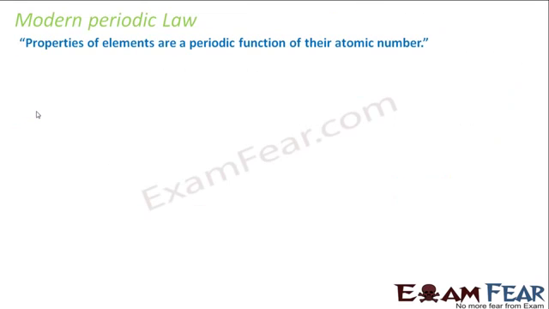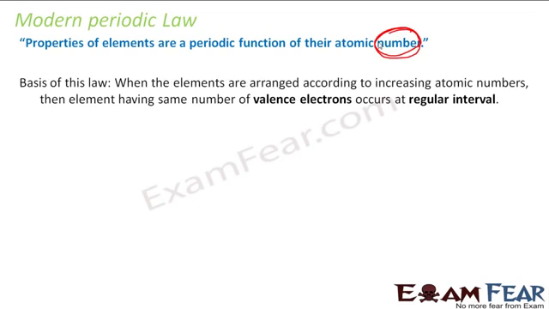So the modern periodic law says that the properties of elements are a periodic function of their atomic number. Please note, it is atomic number, not atomic mass. The basis of this law is that when elements are arranged in increasing order of atomic number, elements having the same valence electrons occur at regular intervals. The number of electrons in the outermost shell is called valence electrons. So it follows a periodic function.